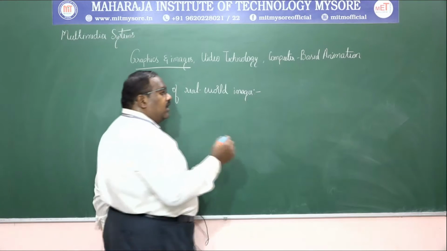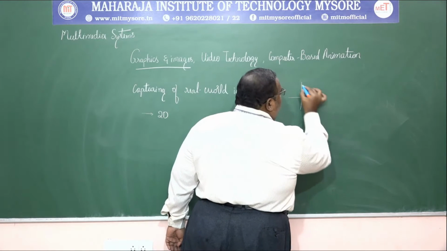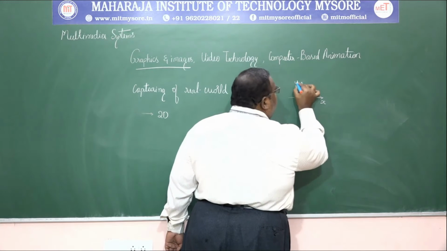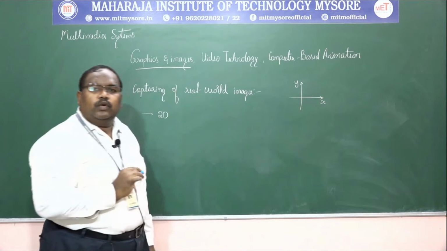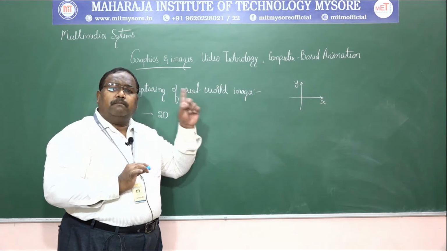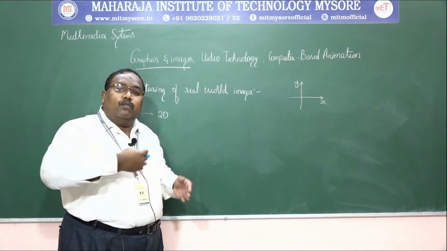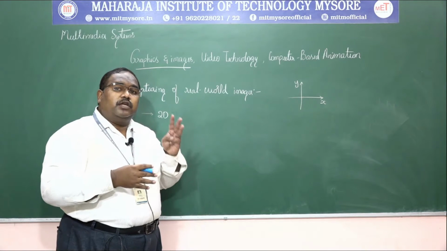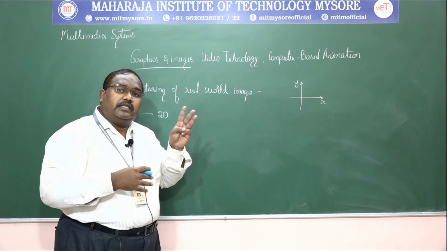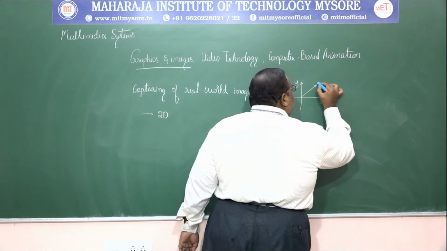When we talk about the object, it will always be in two dimensions, that is the x and y axis. But when we want to represent an image or a picture which is momentary, which is an action, a motion picture, there would be one more vector or parameter coming into existence, that is called the z.